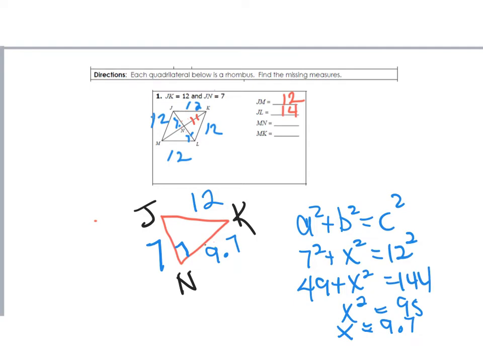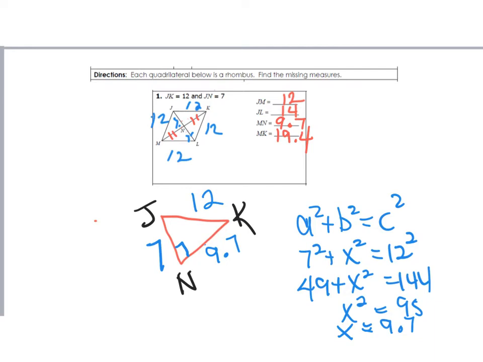M to N is 9.7. And M to K, which is the whole thing, is going to be 9.7 plus 9.7, which is 19.4. Okay. So we have to use the properties of a parallelogram and the additional properties of a rhombus, and we can figure it out.